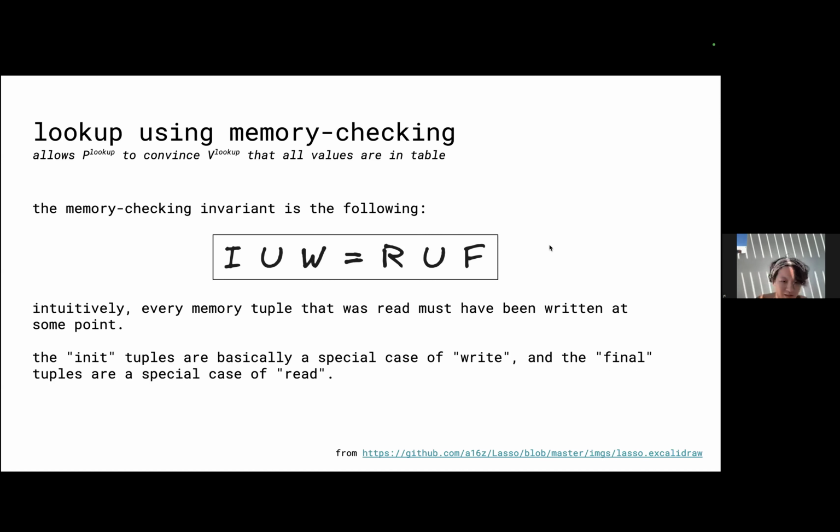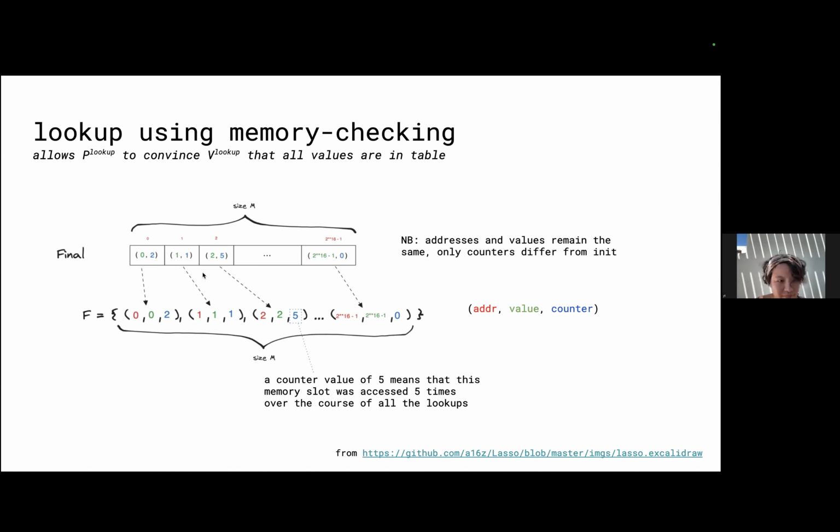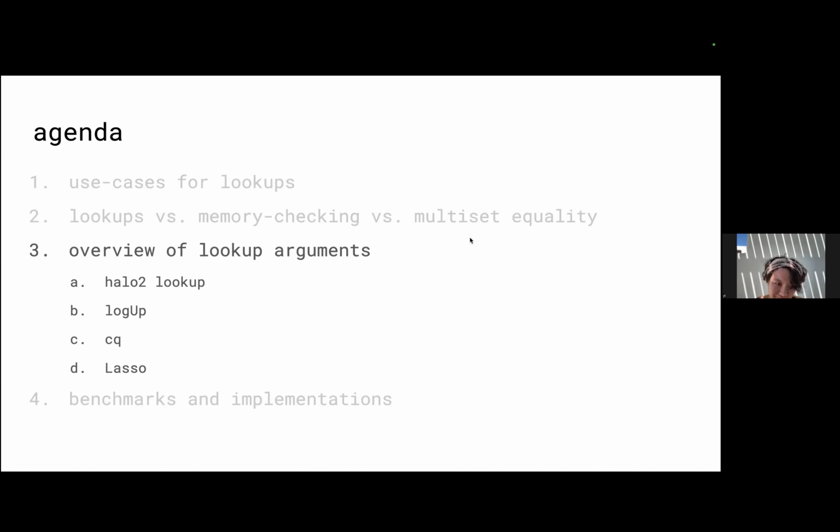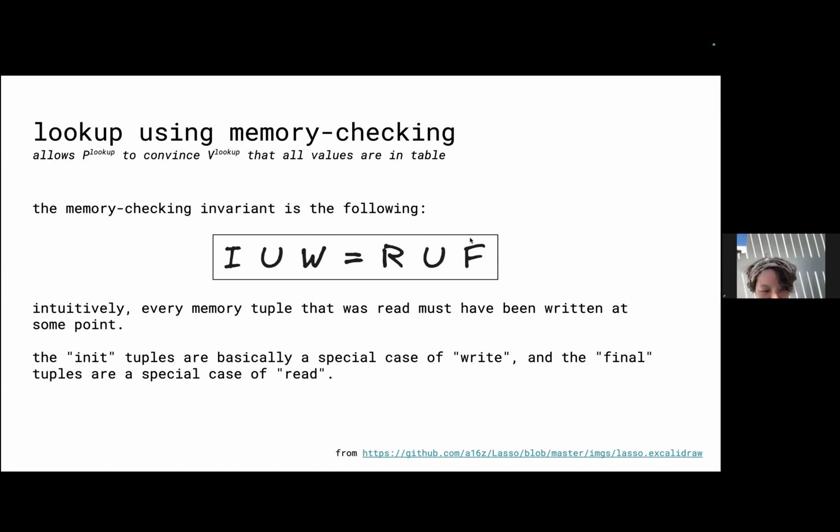Everything that you read, you must have written at some point. And if this memory checking invariant holds true, then the lookup argument holds true. Every value that you looked up was indeed inside this read-only memory. Okay, are there any questions?